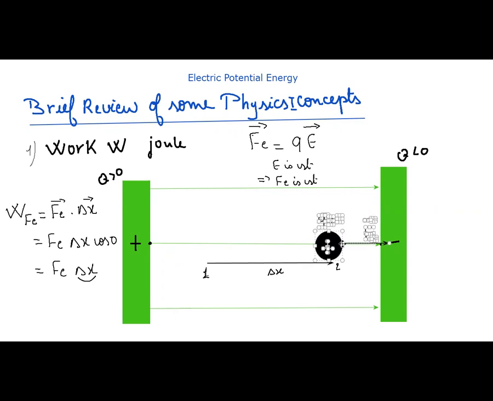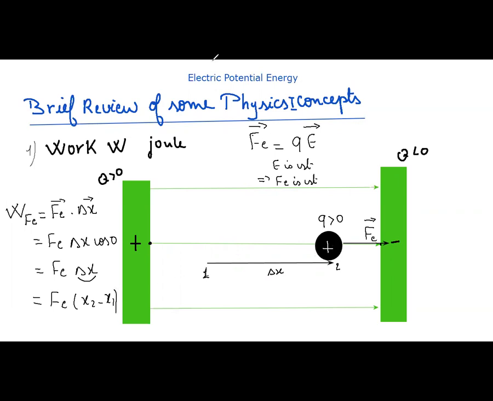Let me write here, omega Fe equals Fe times x2 minus x1.